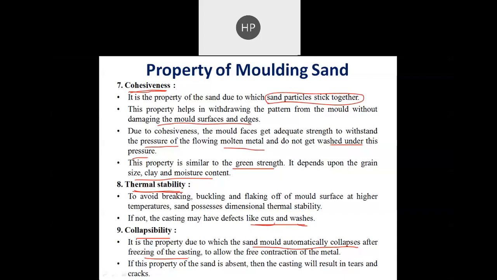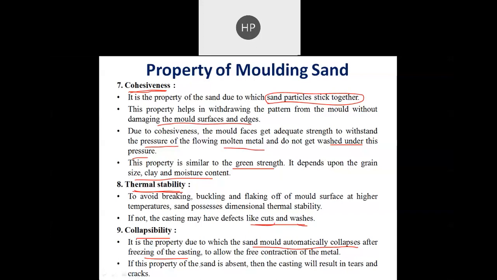And if the collapsibility of the sand is not good, then what happens? Then it is very difficult to take out the final component from the sand. But here the collapsibility of the sand is very good, so that we can easily collapse that sand and take out the component.